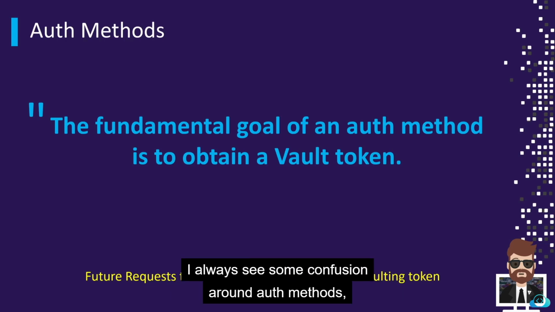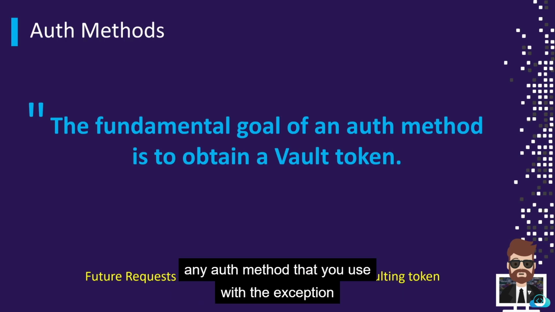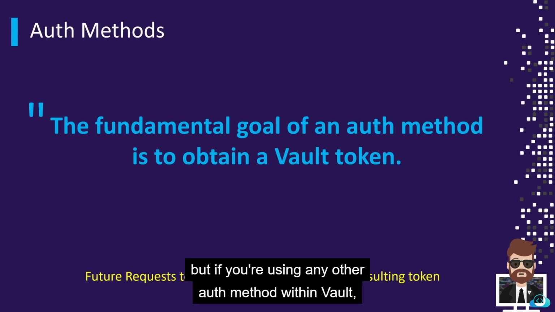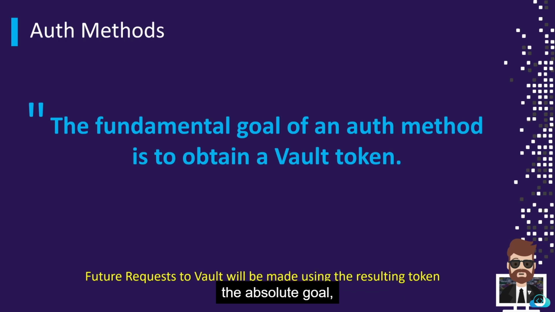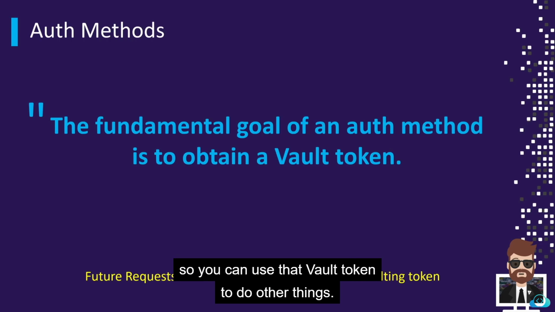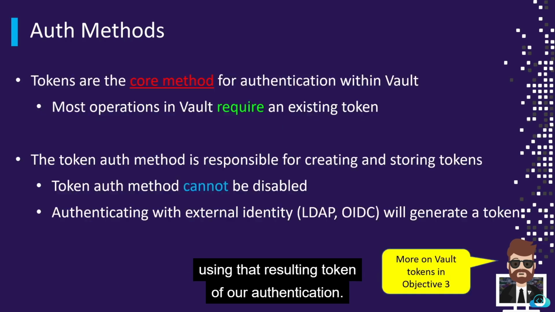So I always see some confusion around auth methods, but ultimately any auth method that you use, with the exception of the token, if you already have a token, but if you're using any other auth method within Vault, the absolute goal, the fundamental goal is to get a Vault token so you can use that Vault token to do other things. So again, our future requests to Vault will be made using that resulting token of our authentication.